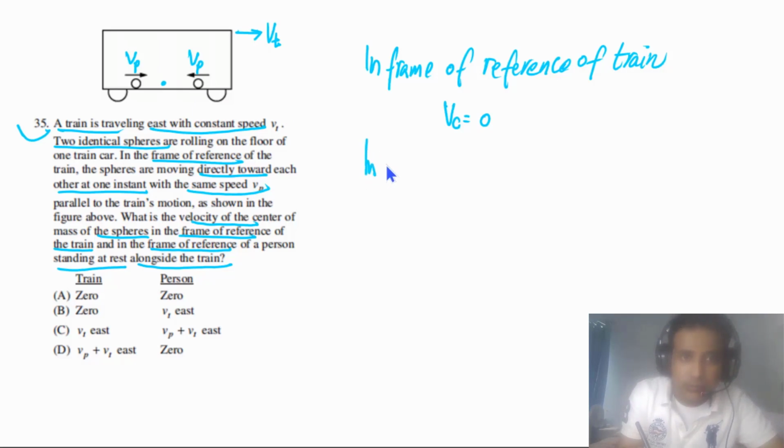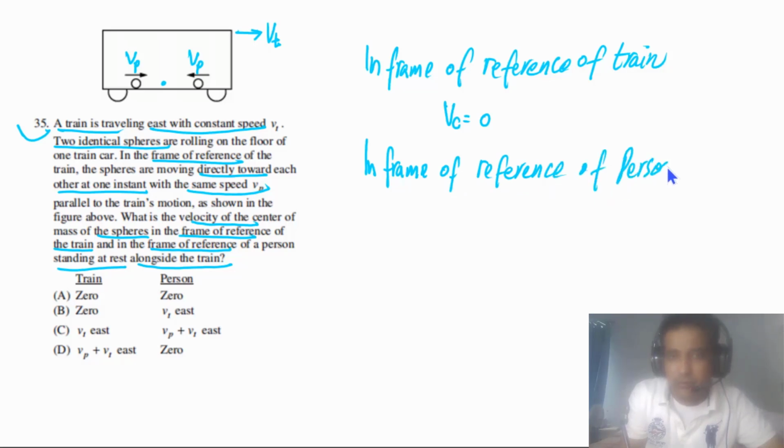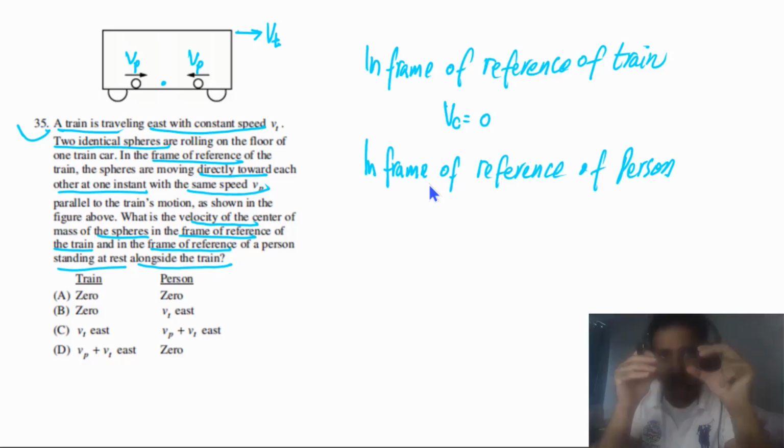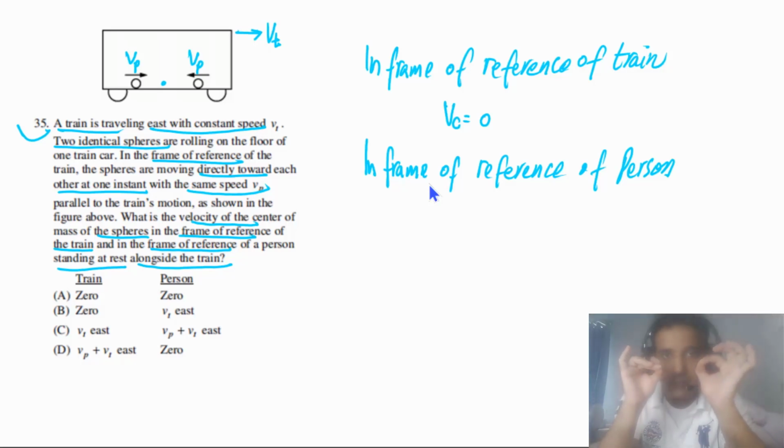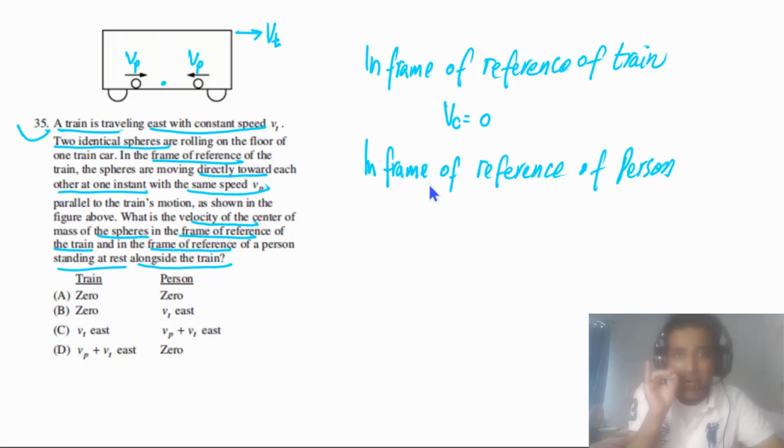Now we can try to understand this in the frame of reference of a person standing outside of the train. According to that person, as the velocity of the center of mass of the spheres in the frame of reference of the train is equal to 0, the velocity of the center of mass in the frame of reference of the person has to be equal to the velocity of the train.